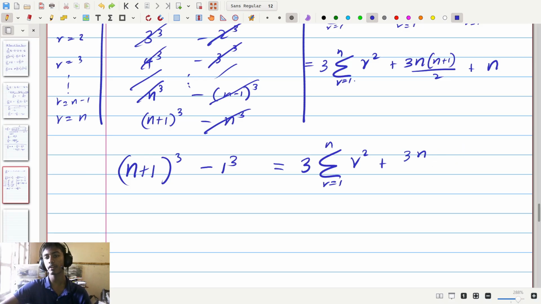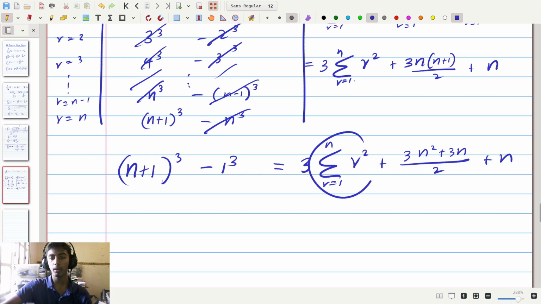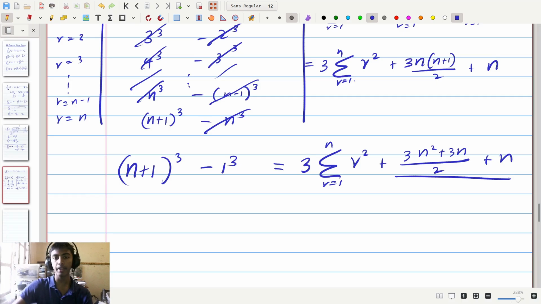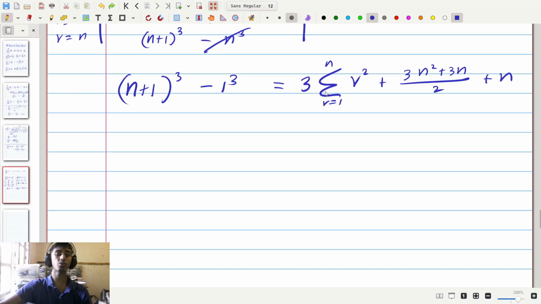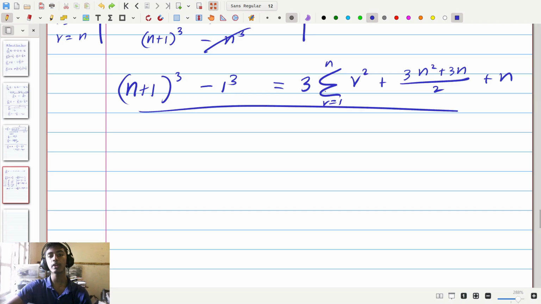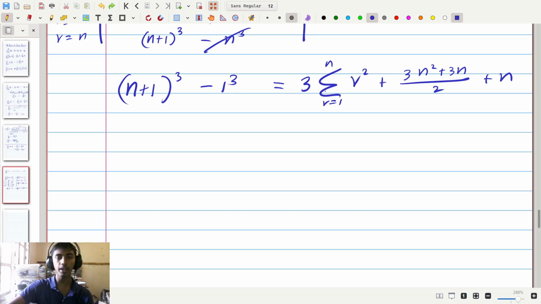Actually, I'll simplify this down to 3n squared plus 3n divided by 2 and plus n. So now we have what we're looking for, and all the other terms are either constants or functions of n. So all we have to do now is to rearrange all of this stuff in order to get an equation in terms of n for this sum from r equals 1 up to n of r squared.